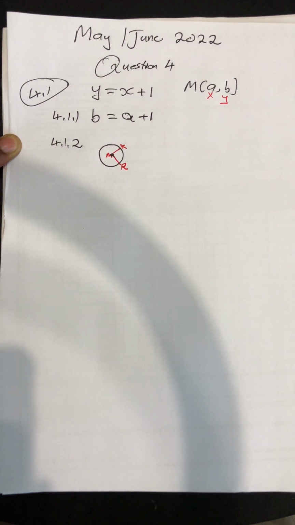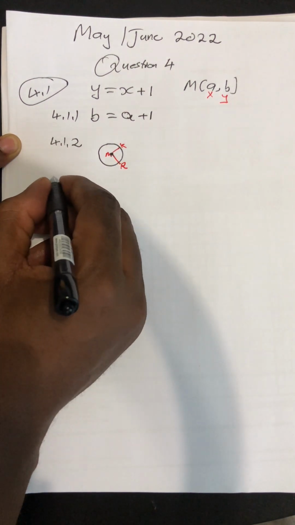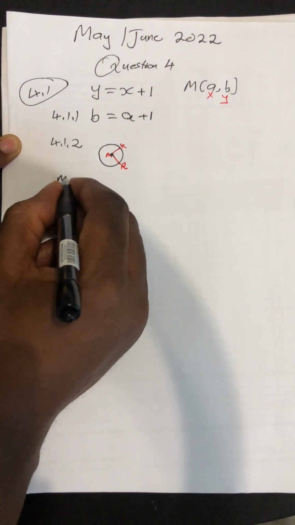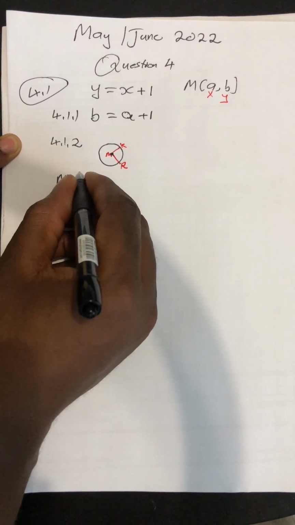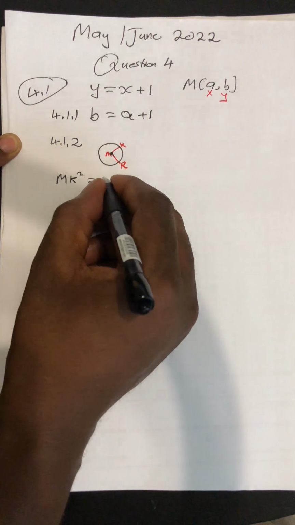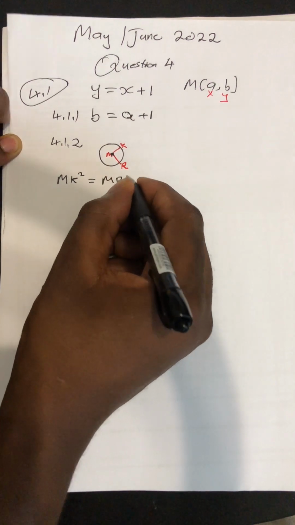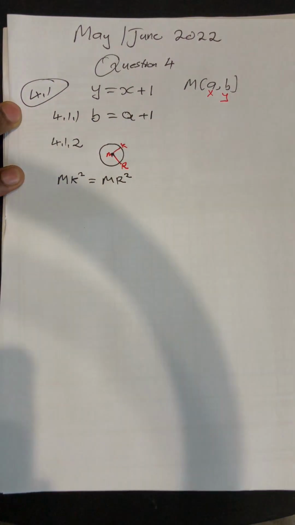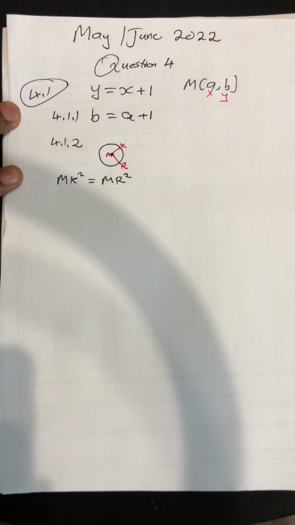So we are just going to use the distance equation to say that MK squared equals MR squared. We know that the distances of these two points are equal because we are dealing with the radius here.